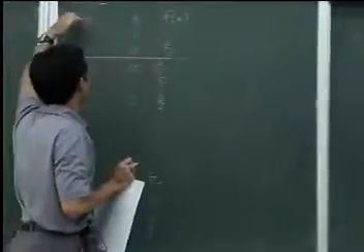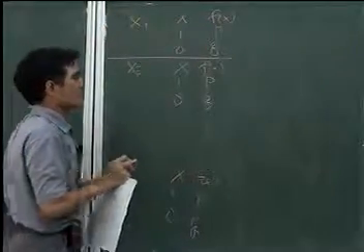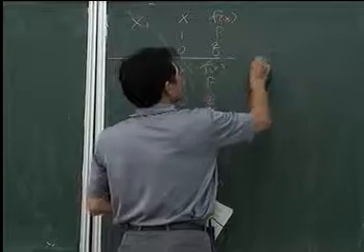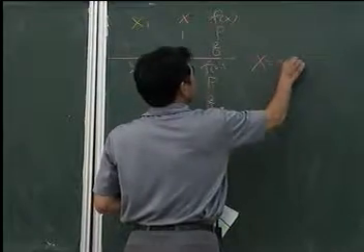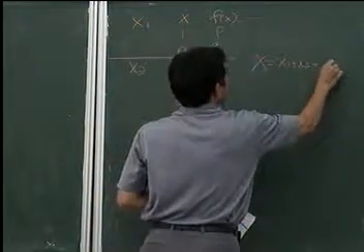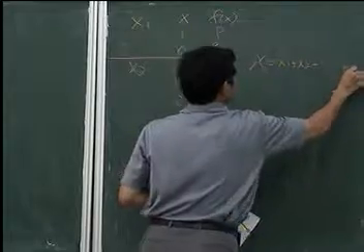There are n numbers here, so x is equal to x1 plus x2 plus up to xn.